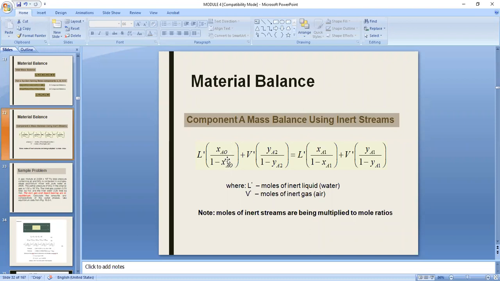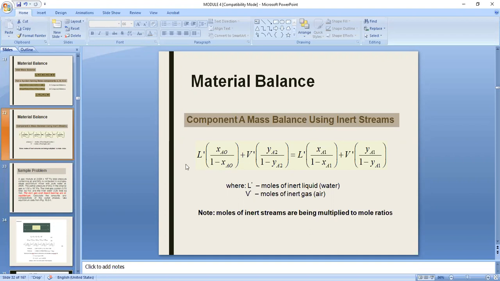This is already a mole ratio because automatically, if we have a two-component system and XAO in the numerator in the case of the LO stream, which is just L prime because we're interested in its inert part, then your denominator is 1 minus XAO, meaning this refers to XB sub O. XAO over 1 minus XAO is XB sub O. The same thing in here. So we're using mole ratios, not mole fractions, and they are multiplied to the inert amounts of the streams.